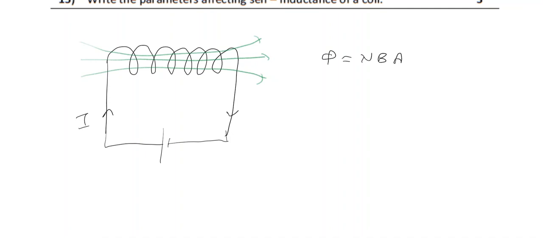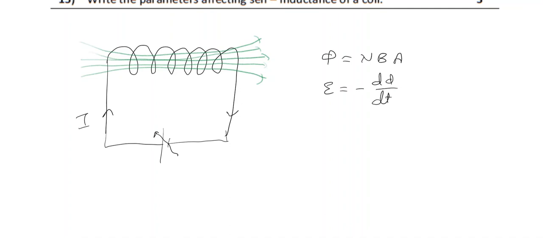Now, what if I vary this voltage? What if I change the voltage? When you change the voltage, what you are doing is you are making change in the magnetic field or magnetic flux linked with the coil. And what if flux is changed? According to Faraday's law, EMF induced is equal to rate of change of flux, isn't it?